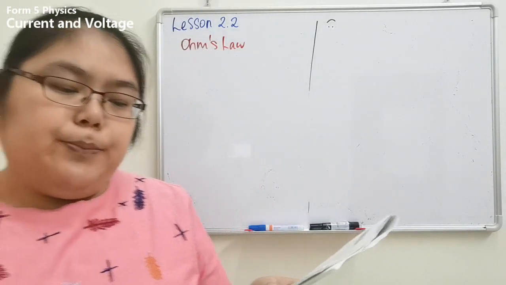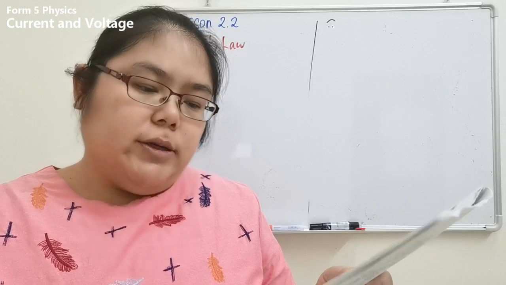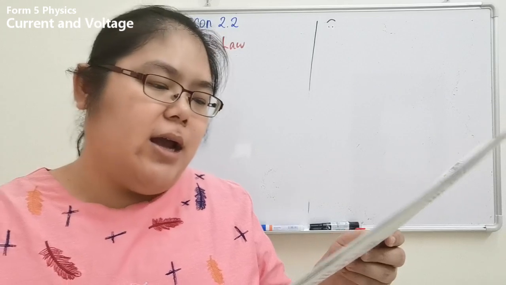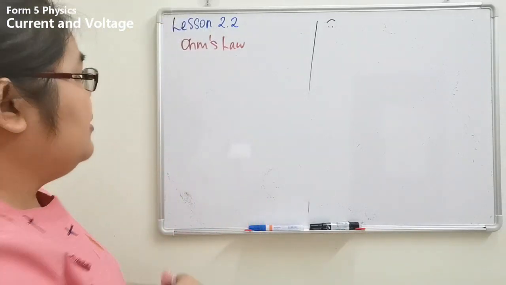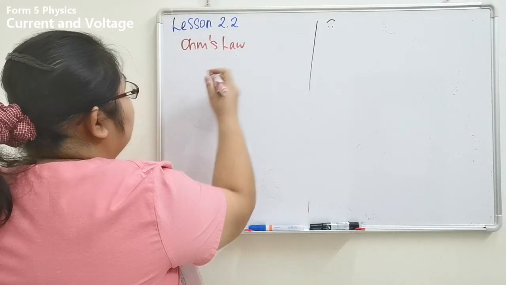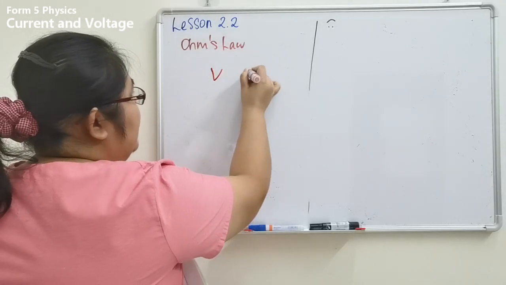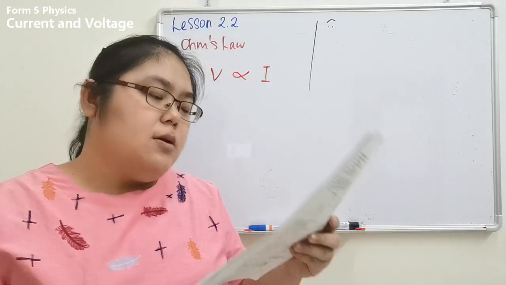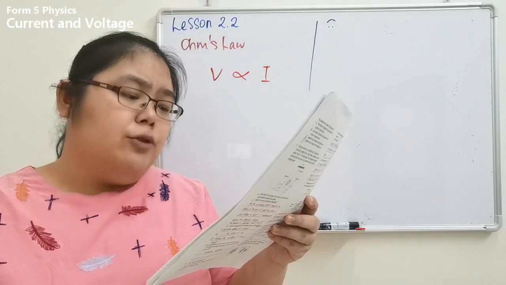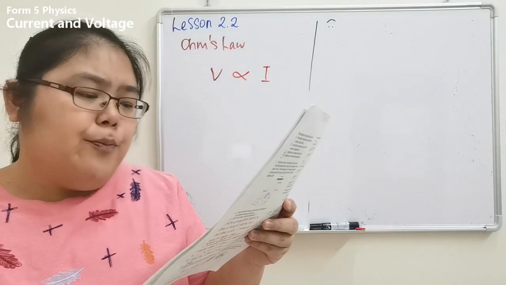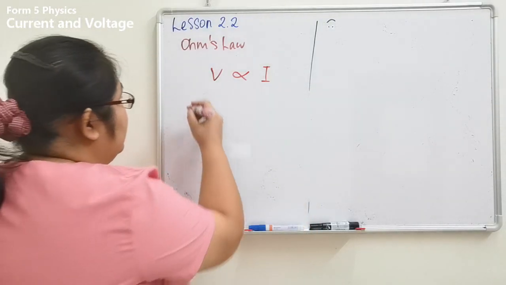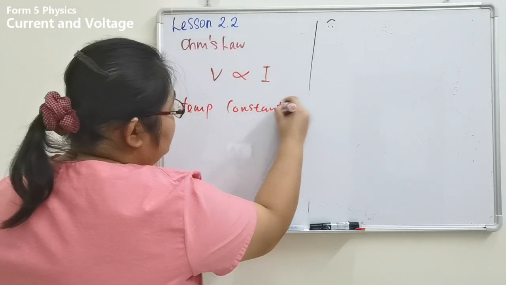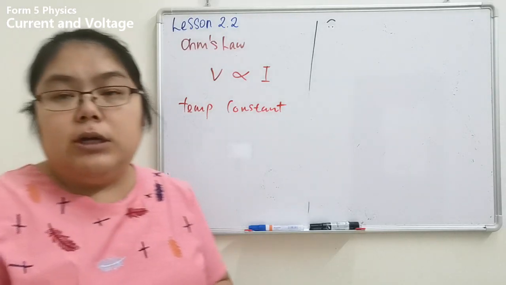Ohm's law: the potential difference across a metal conductor is directly proportional to the current flowing through the conductor, provided that the temperature remains constant. So that means V is directly proportional to the current. That means the temperature now should be constant.